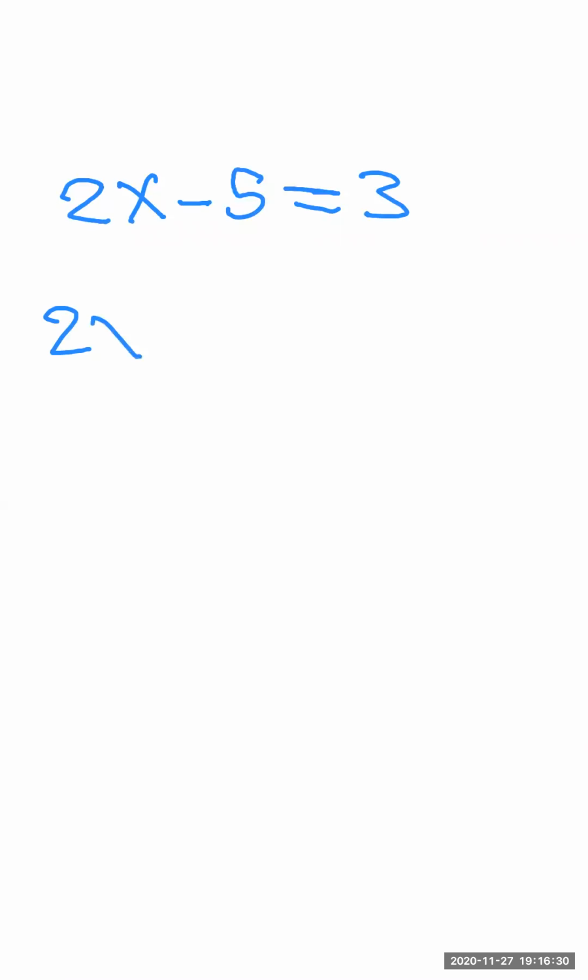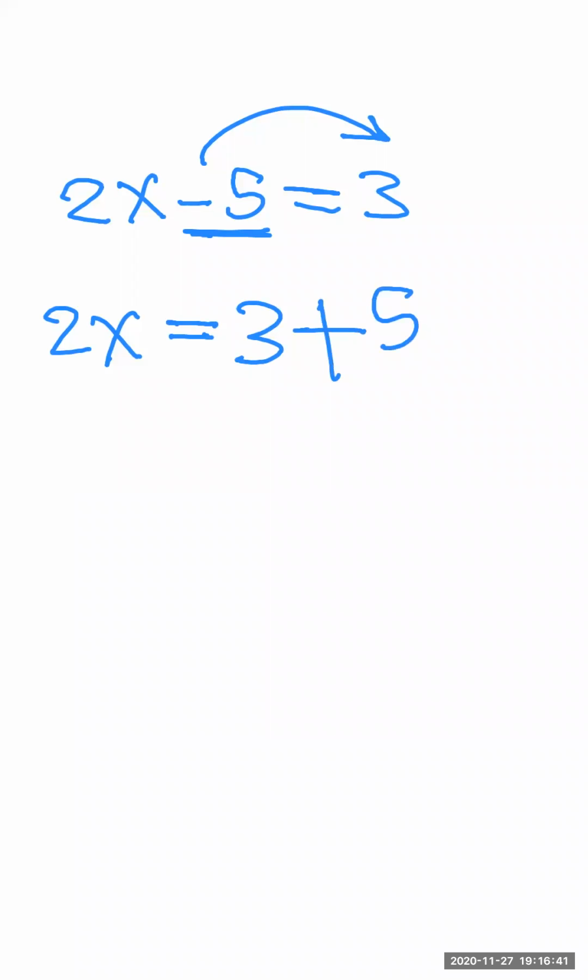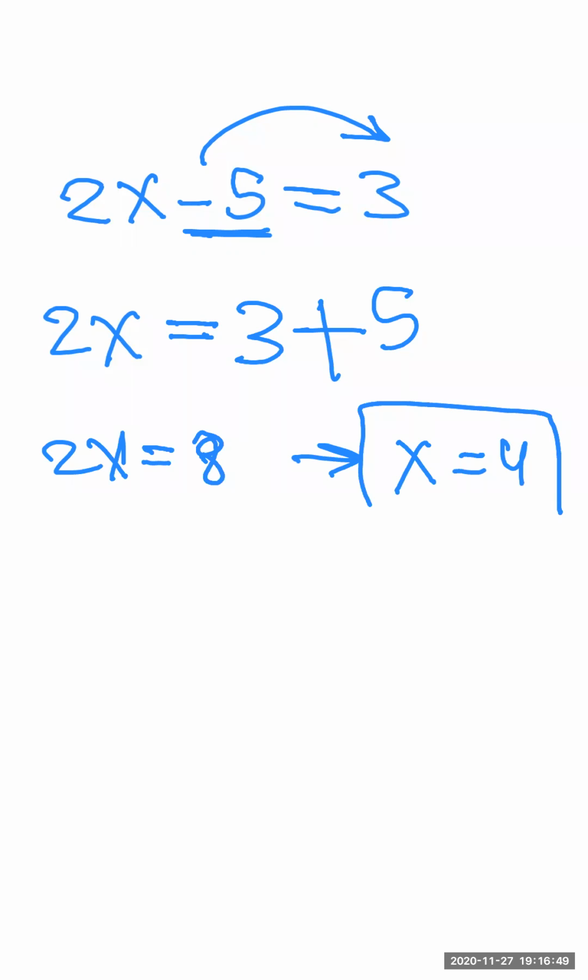I will shift this number to the other side with a different sign, so negative 5 will be positive. So 3 plus 5 equals 8. So 2x equals 8, and then dividing by 2, x equals 4. That's it.